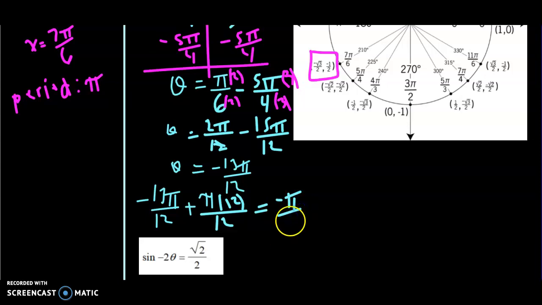So I'm going to do the same thing again. Now that I know what pi is, we're just going to add 12 pi over 12, and that equals 11 pi over 12.